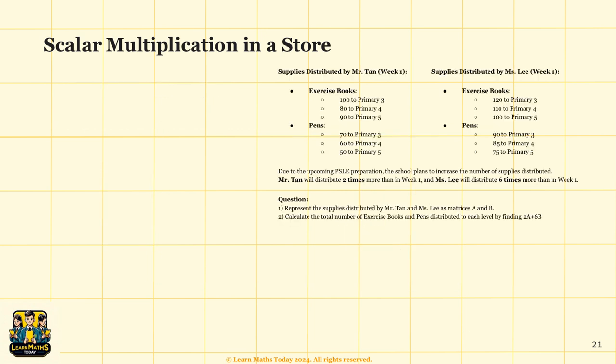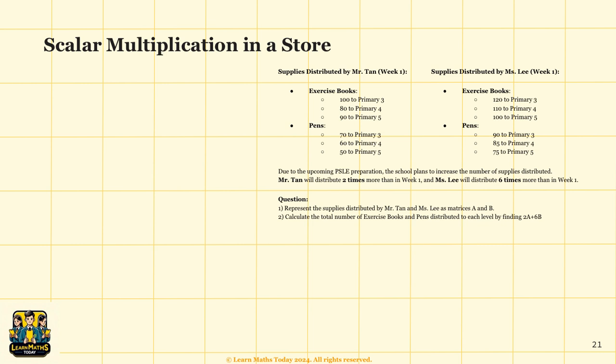Now let us solve the problem step by step. We first want to represent the supplies distributed by Mr. Tan and Mrs. Lee as matrices A and B. For matrix A, these are the supplies distributed by Mr. Tan in the first week. So matrix A will have 2 rows for exercise books and pens, and 3 columns for primary 3, 4, and 5.